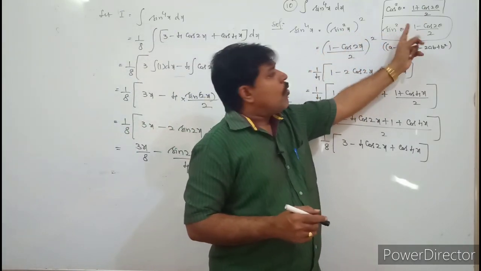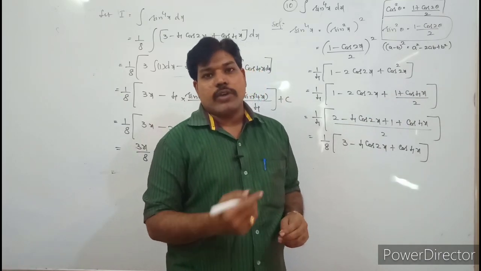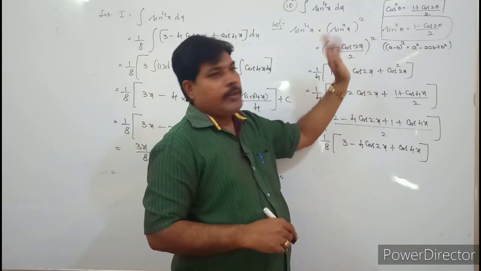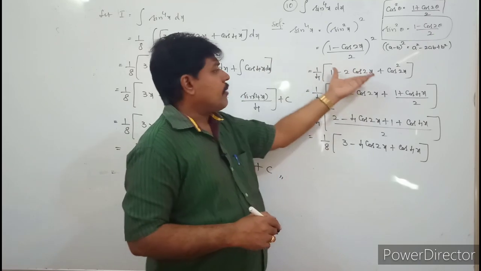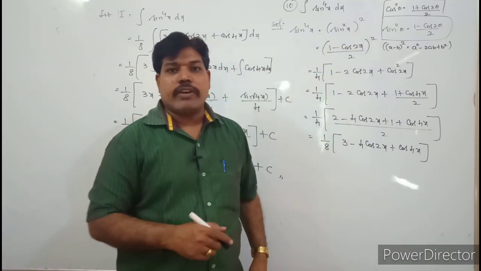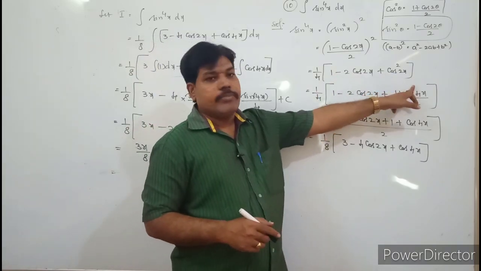You can write it as (1 minus cos 2x) by 2. So (1 minus cos 2x) by 2 whole square. So (1 by 2) whole square is nothing but 1 by 4, take it out. The remaining form is (a minus b) whole square, which is a square minus 2ab plus b square.